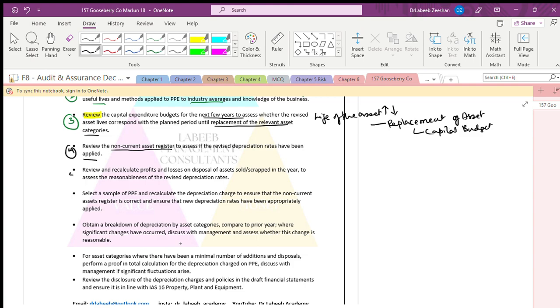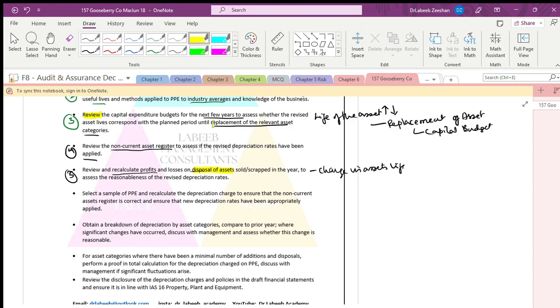Now, what is point number 5? Review and recalculate profits and losses. In terms of the industry, definitely there will be a revaluation with the change in the asset's life. If the asset life has been shortened, we will have a disposal of assets.